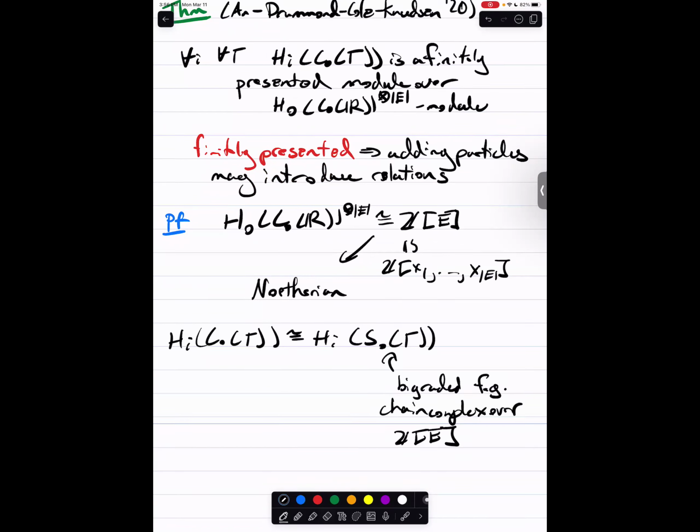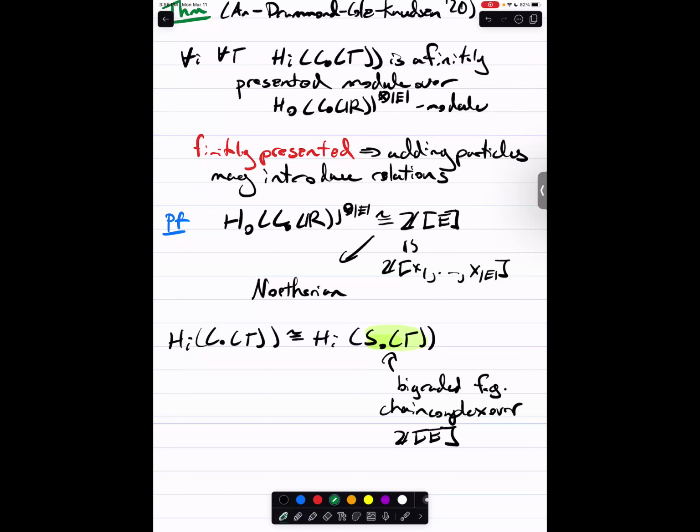And what does this mean for us? Well, because the thing that we're taking the homology of is this nice chain complex over some Noetherian ring, taking the homology, or some quotient of this complex, which turns out to be very nice, is going to result in a finitely generated module over Z adjoin E. And finite generation over a Noetherian ring is the same thing as finite presentation.